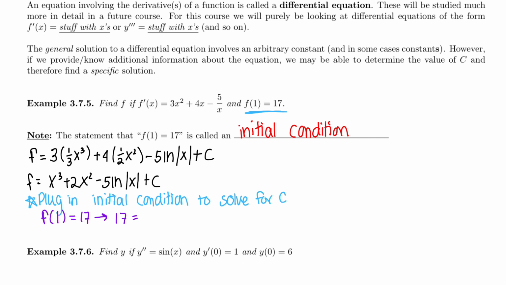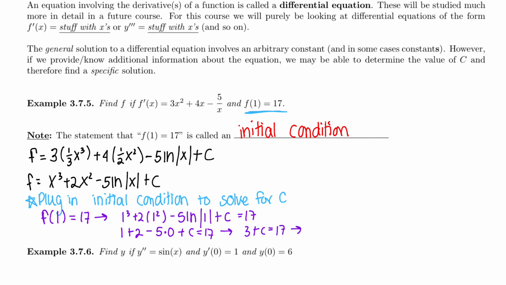Plugging in 1, we have 1 cubed plus 2 times 1 squared minus 5 times ln of 1 plus c is equal to 17. So this is 1 plus 2. ln of 1 is 0, so minus 5 times 0 plus c equals 17. 3 plus c equals 17. c is equal to 14.